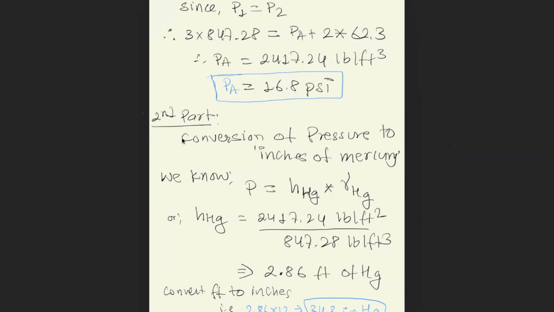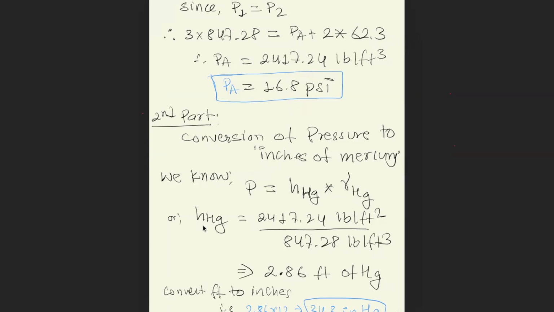For the second part, we need to convert the pressure to inches of mercury. We know pressure is equal to the height of mercury times the specific weight of mercury.